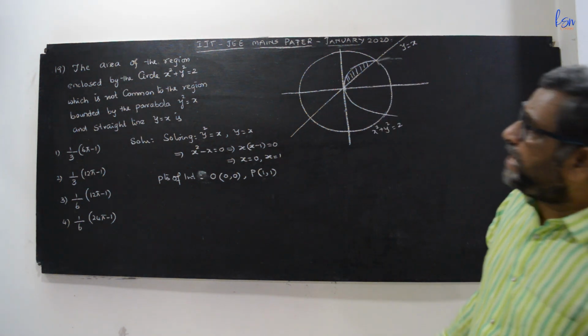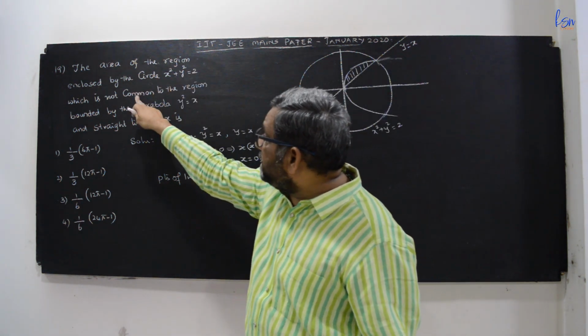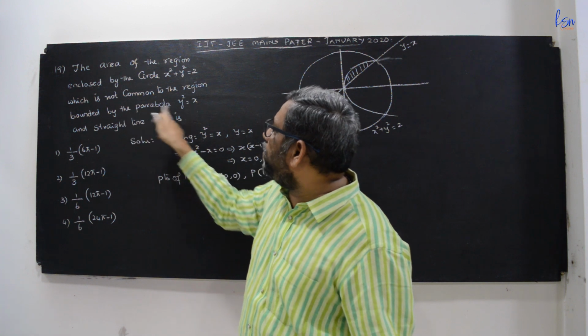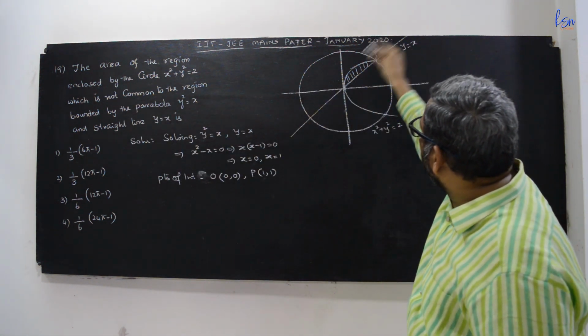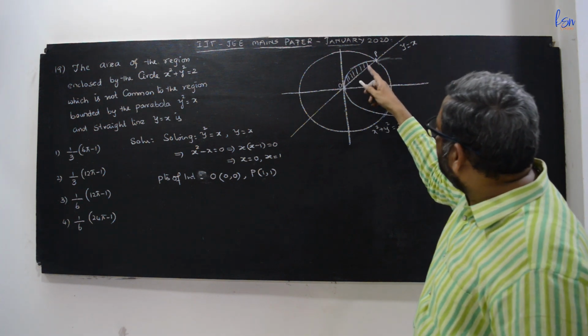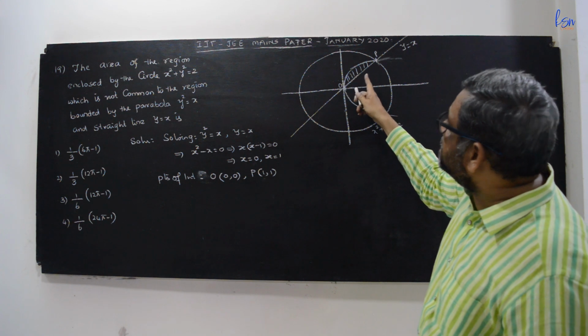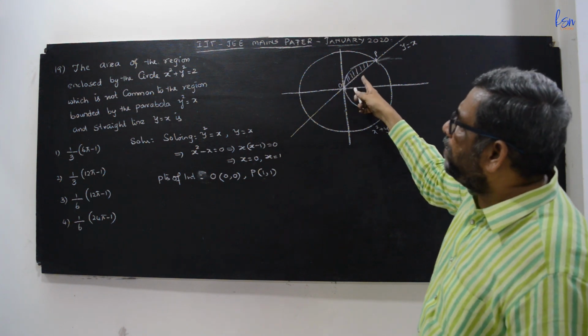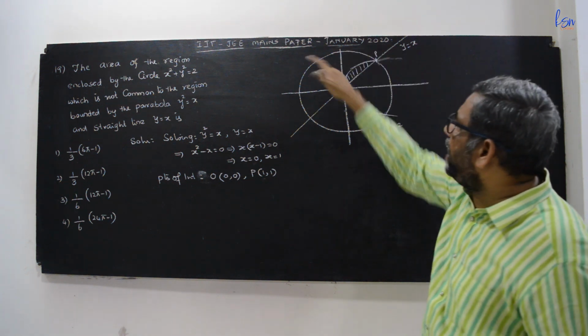We are asked to find the area of the region enclosed by the circle which is not common to the region bounded by the parabola and the straight line. Here this is P, and of course this is the origin. So this area must be excluded from the area of the circle.